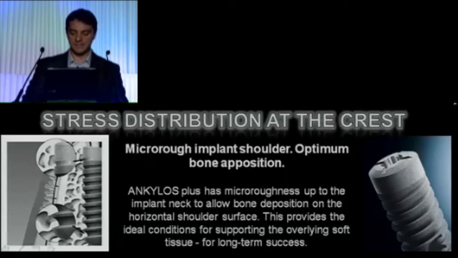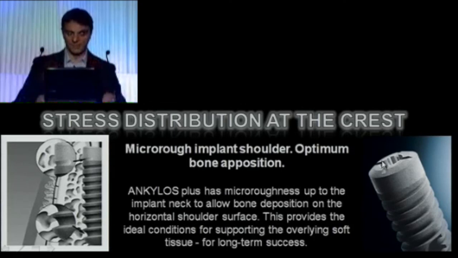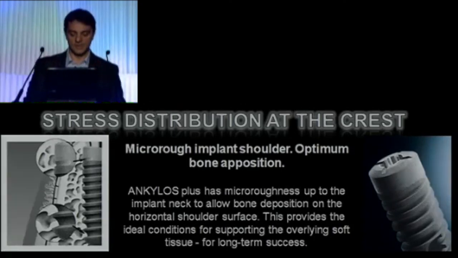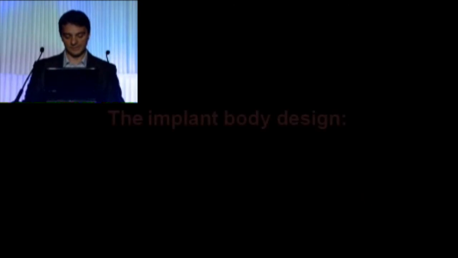And again, this implant has the ability to have the rough surface not only up to the neck, which is very important, but also in the flat part where you have the soft tissue. And the adaptation of the soft tissue in this area is very important.